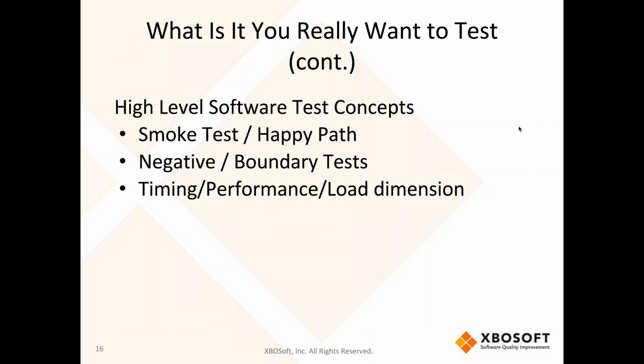Negative and boundary tests, where you'd actually take those simple functional tests and push them to find out, for instance, if you were entering in somebody's age and you entered in an age of 255, some unusual number that really shouldn't belong there, will the software deal with it elegantly, or does it crash, or something else happen?